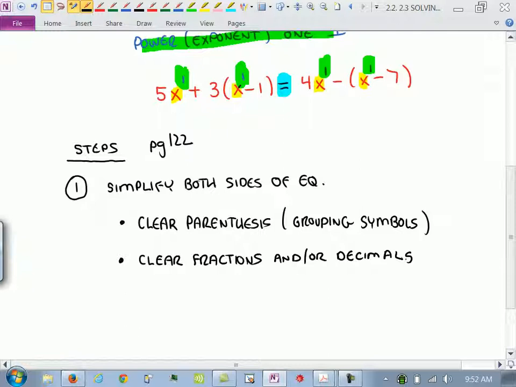So the first thing we're going to do is get rid of any grouping symbols, and then we're going to go ahead and get rid of any fractions or decimals if they are there. They may not be there, but if they are, we'll get rid of them. And then we'll combine all like terms.